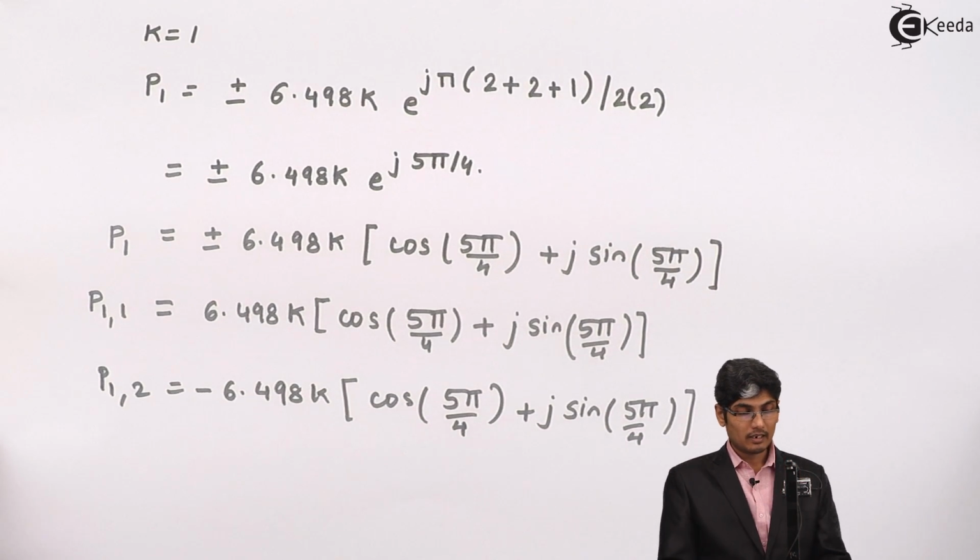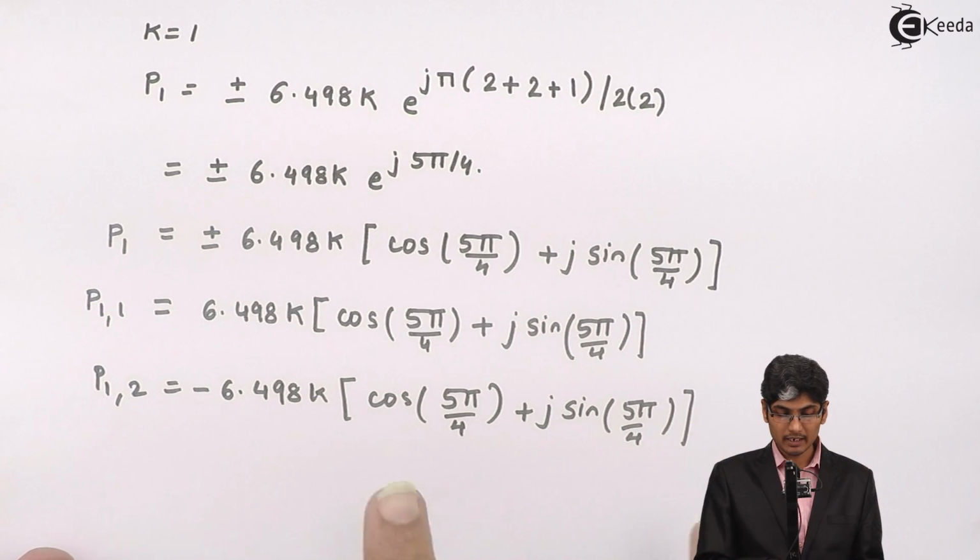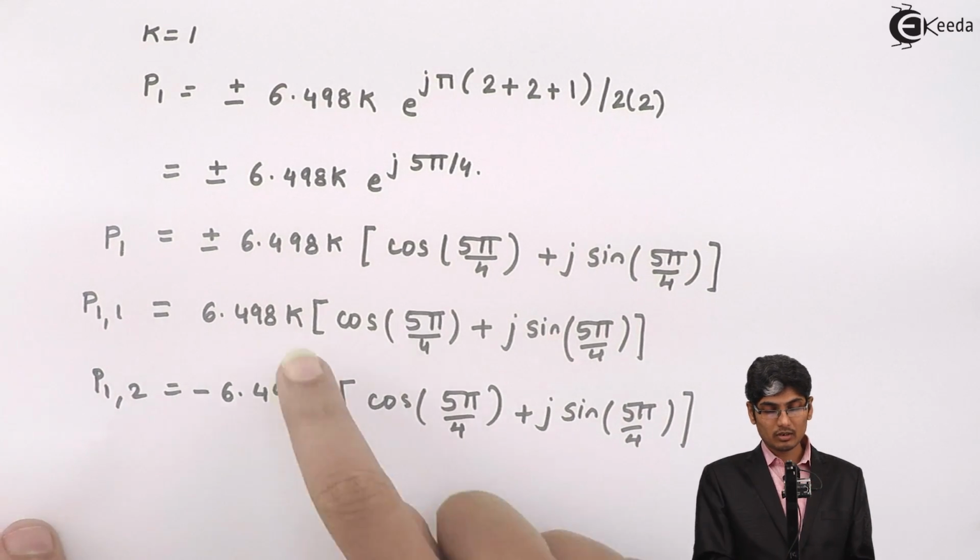Now let us evaluate both the poles by multiplying and finding the answer of the cosine and sine terms.